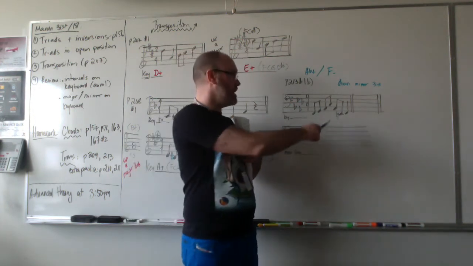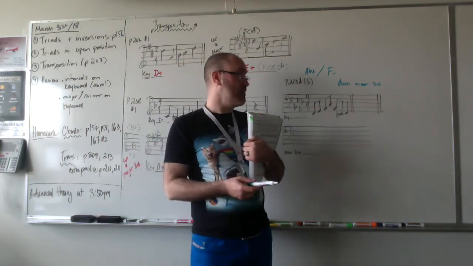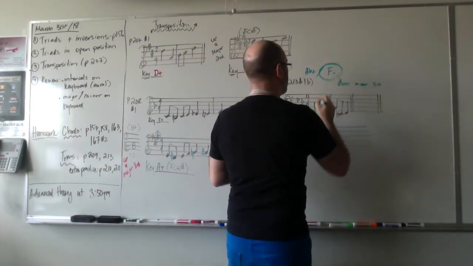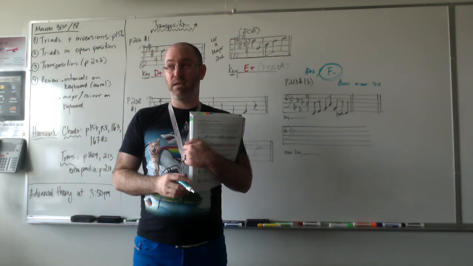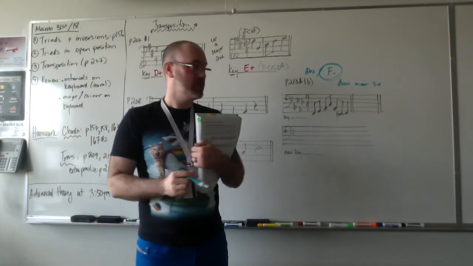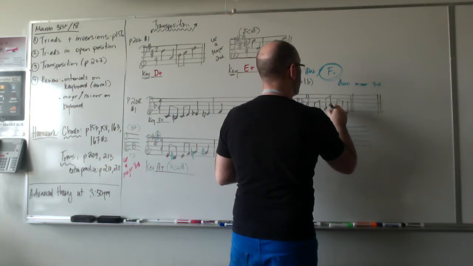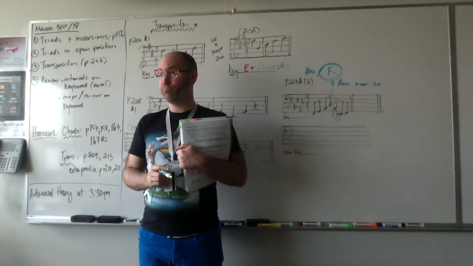But what have they done to it? Raised. They've raised it. Is this a raised 7th? Yes, it is. So we now know that we're in the key of F minor. Does everybody get that much? So this natural here shows us that we're in F minor.